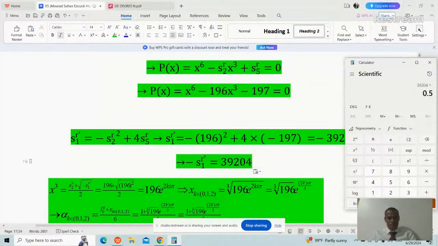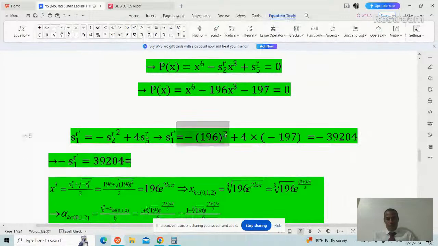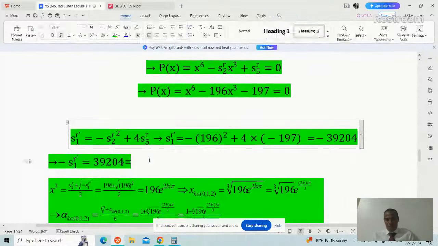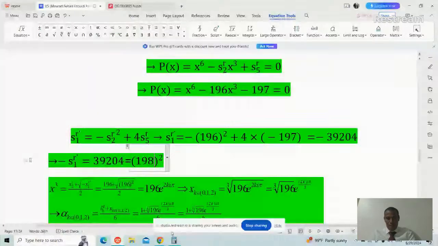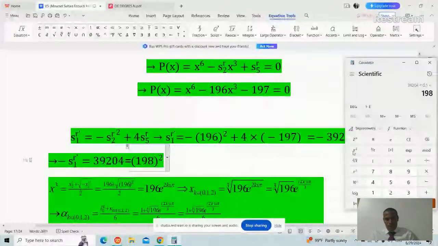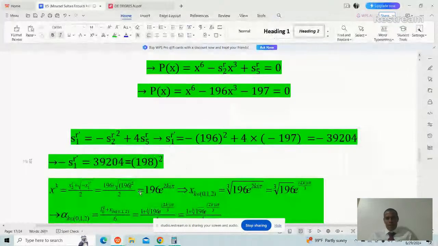This one is equal, learners, to 198. I will check: squared, it will be 39,204. Yes, correct. Now I will use this one. Of course, this is the formula.